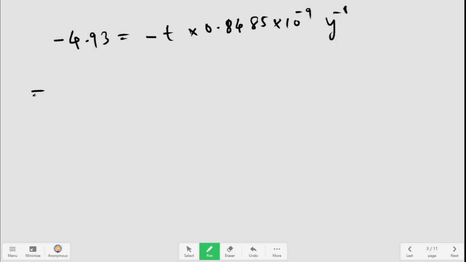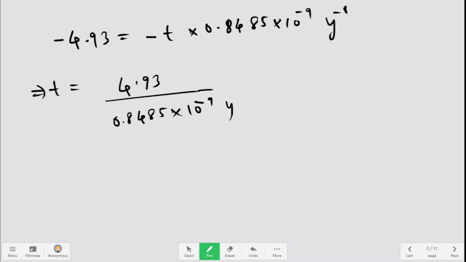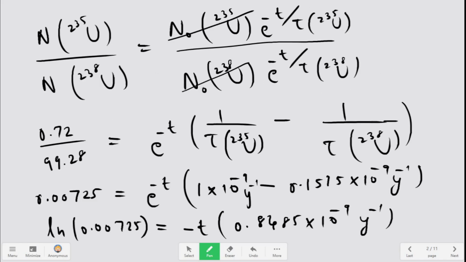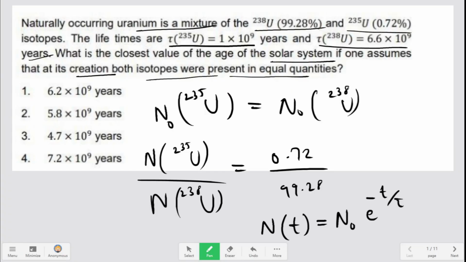This implies t is equal to 4.93 by 0.8485 into 10 raised to minus 9 per year, which is approximately equal to 5.881 times 10 raised to 9 years. So the correct option here is option 2, 5.8 into 10 raised to 9 years.